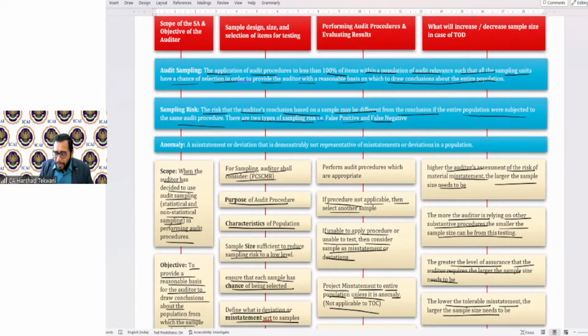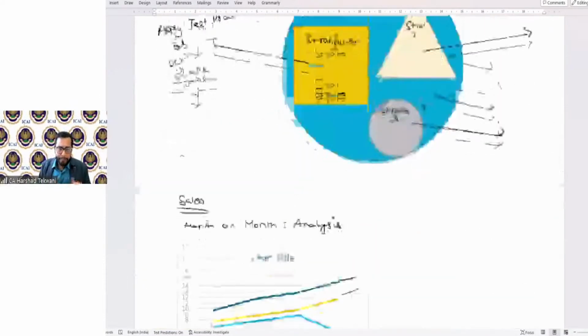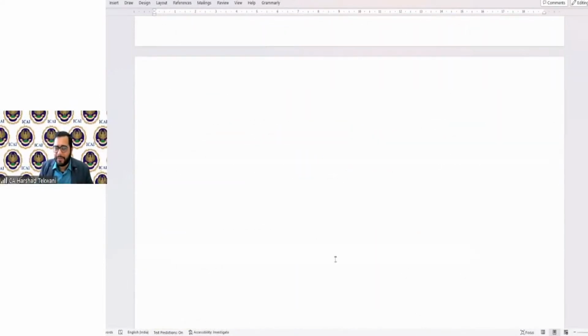Now, what is tolerable misstatement? There are two concepts with respect to the misstatement itself. One is a tolerable misstatement. One is a tolerable rate of deviation.